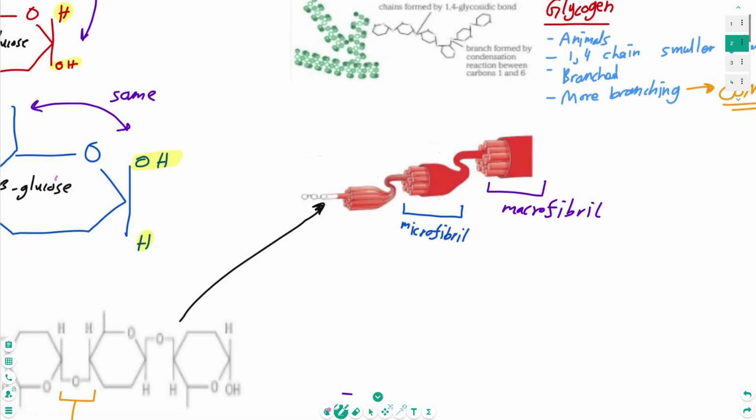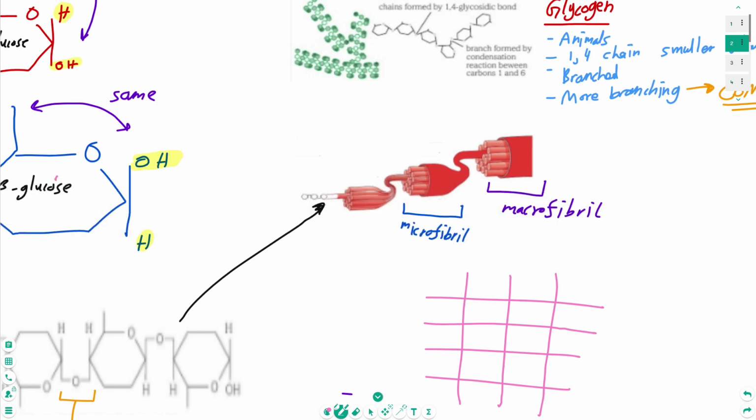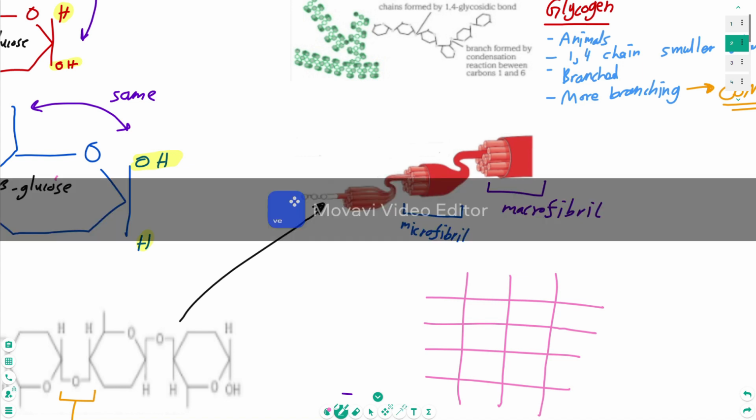So they are able to form this sort of structure, a rigid structure for the plant cell wall, and it helps maintain its turgidity and strength.